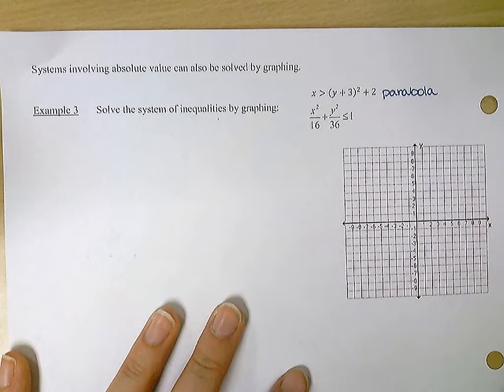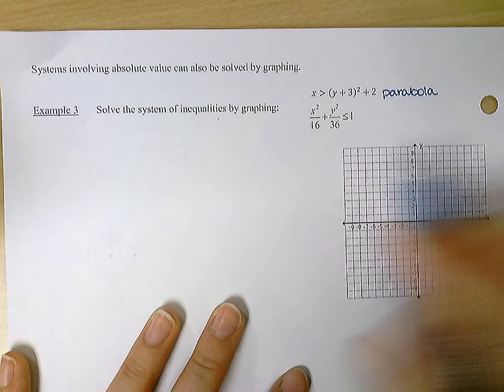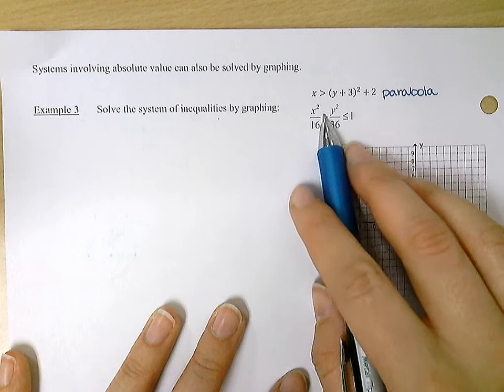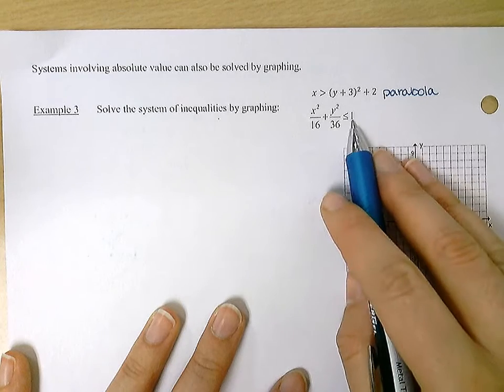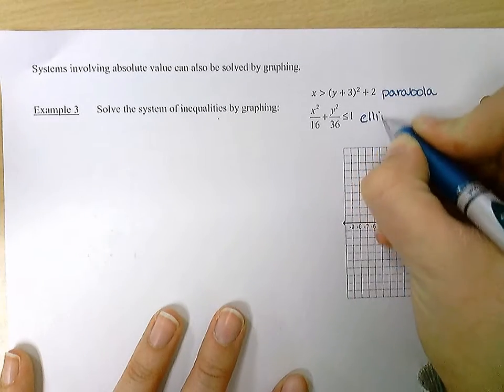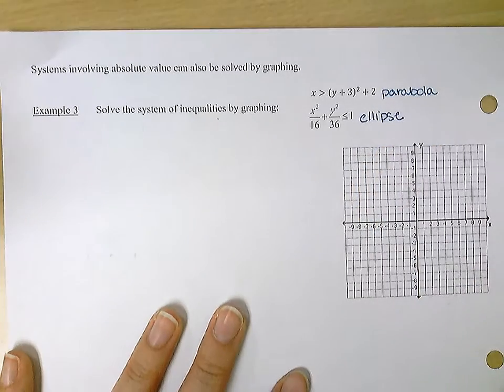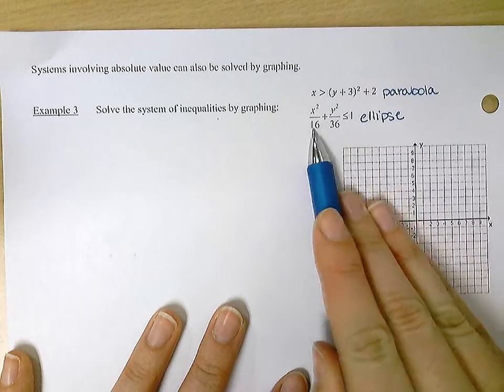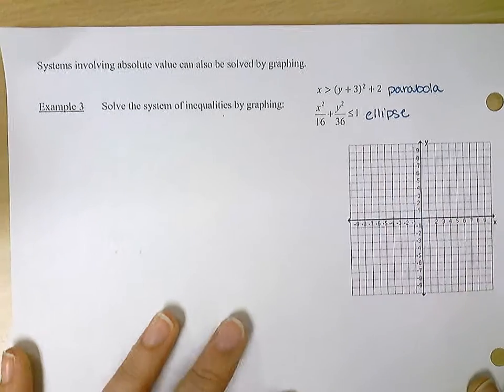That's a parabola. This one, I have squared values over a number and there's addition between, and it's less than or equal to 1. That is your ellipse. Okay, less than or equal to 1, addition between those two fractions.